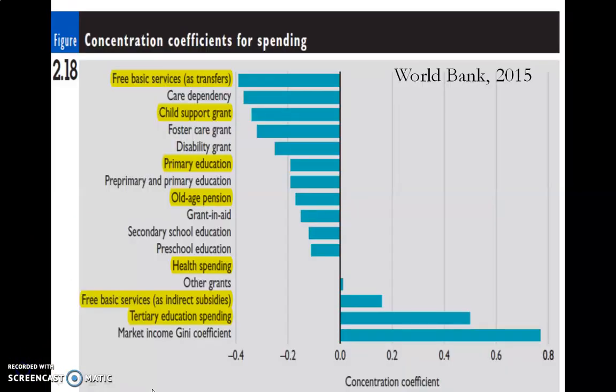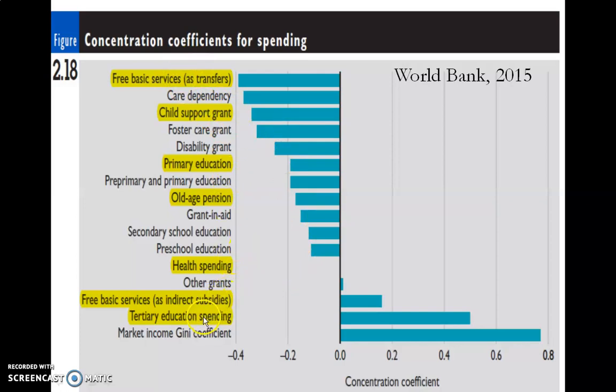When we look at more recent concentration coefficients for public spending, specifically derived from the World Bank in 2015, you can clearly see that free basic services such as transfers, child support grants, primary care, old age pensions, they are very negative in the concentration coefficients, so they are well targeted at the poor.